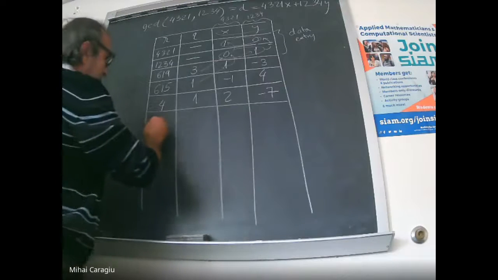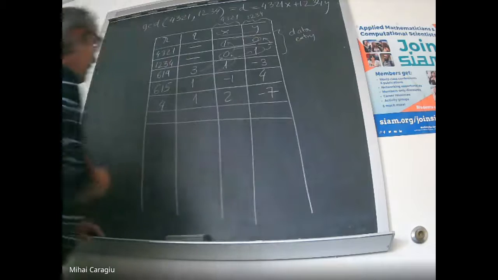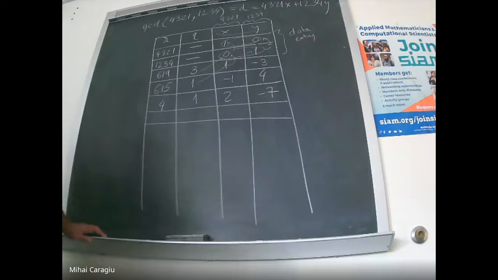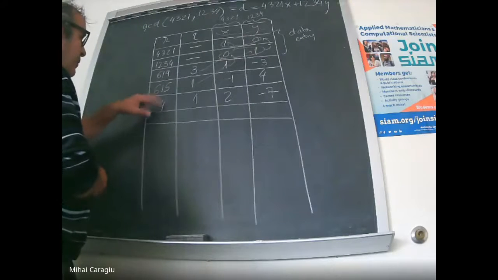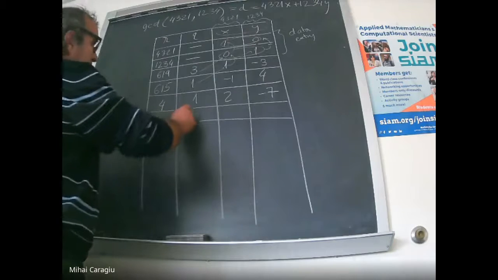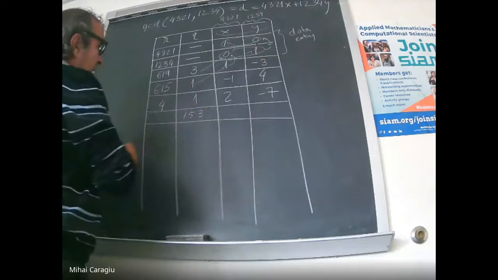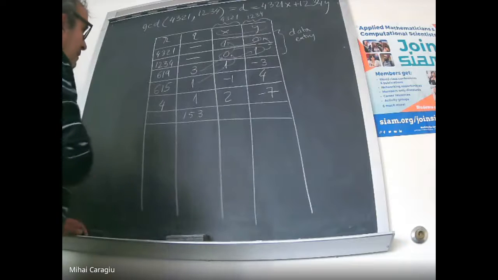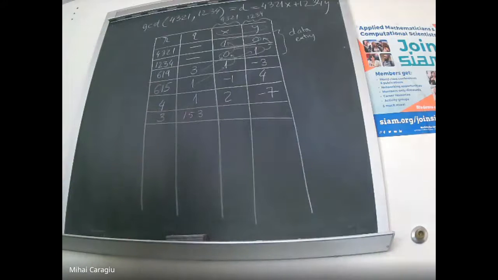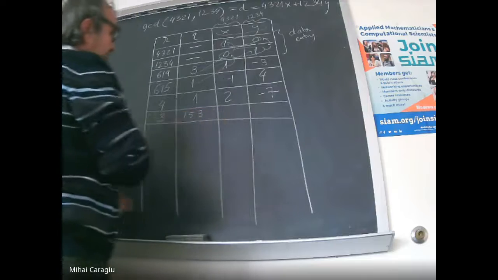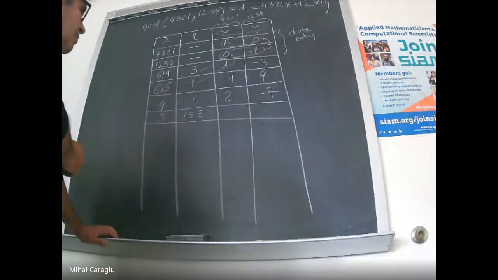Okay, one more time. How many times does 4 enter 615? Well, 4 in 600, 150. 4 in 15, 3 times. That makes 153, and the remainder is 3. Okay, now multiply and subtract. 153 times 2 is 306.